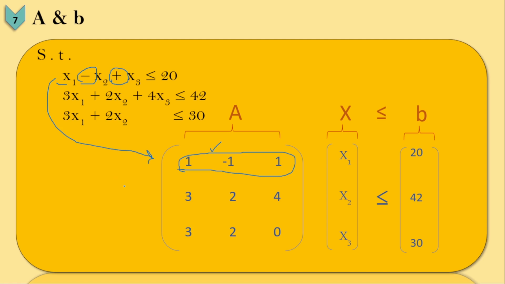We continue to do so until the end of the constraints. For example, in the second constraint we have 2, 3, and 4, and in the second row of matrix A you can see the coefficients written. After extracting A, we should extract B, and as you can see here, the matrix B just consists of 20, 42, and 30, actually a column matrix.